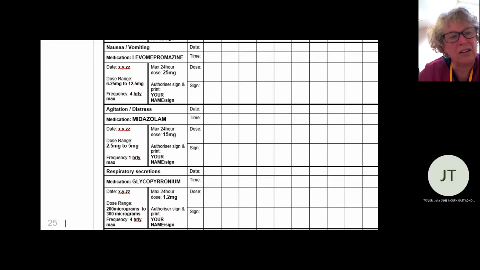But then what I've done is 2.5 times 6, 15 milligrams max in 24 hours. And finally, glycopyrronium, that I can do a range. I've had to write micrograms because that's the dose, and I keep with my TO, 4 hourly max, and the maximum 24-hour dose for that drug is 1.2 milligrams.